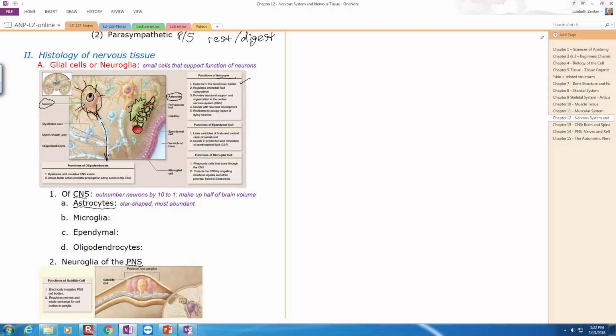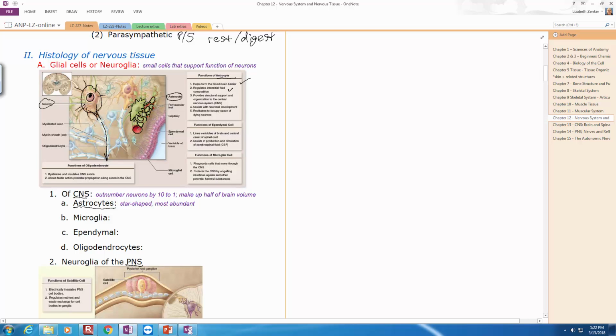We don't want viruses or bacteria getting in here. Things happen sometimes, but we need to keep the CNS as protected as possible, and this is one of those protections.